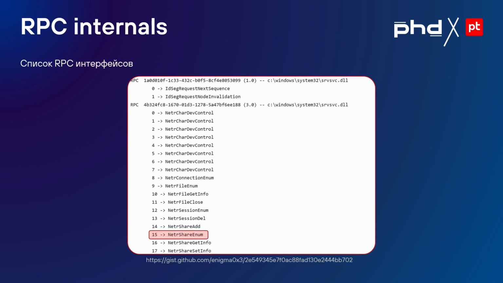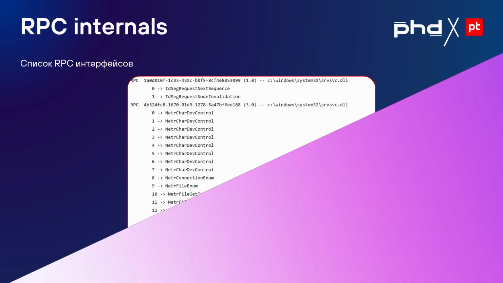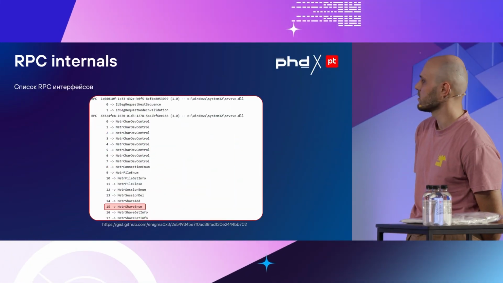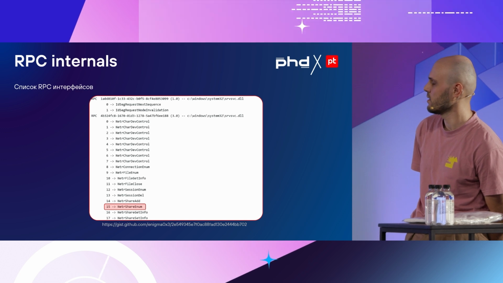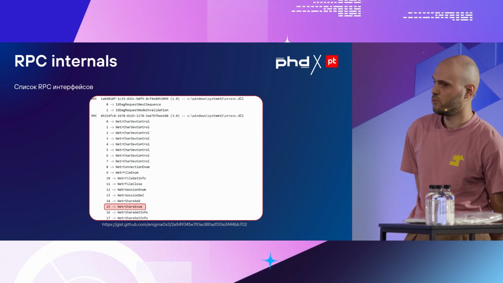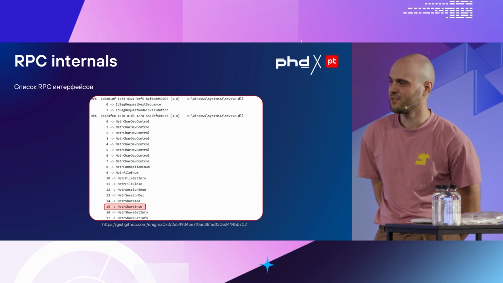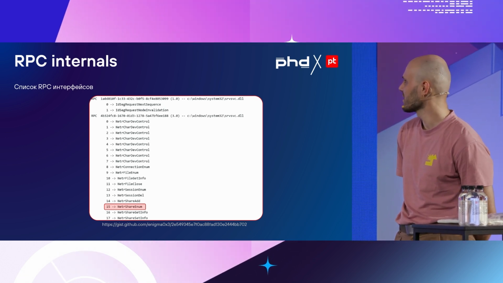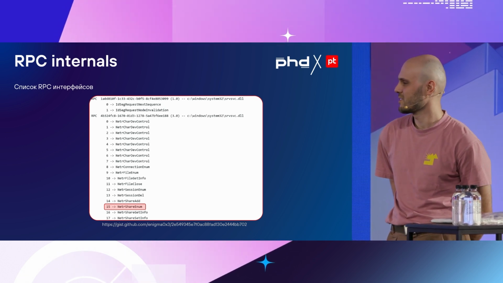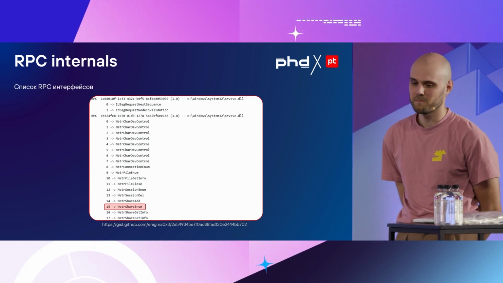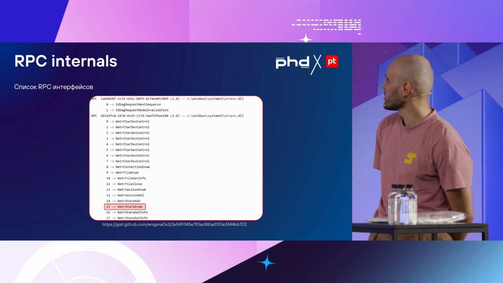There's a list of RPC interfaces. You can use it to find the interface ID, use the function number to find the name of the function, and find the endpoint that processes the RPC request.